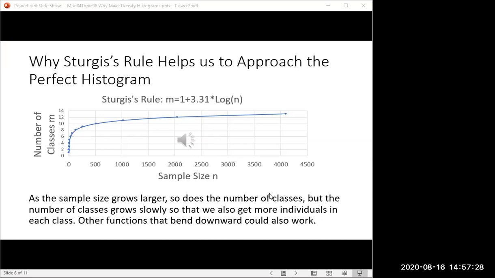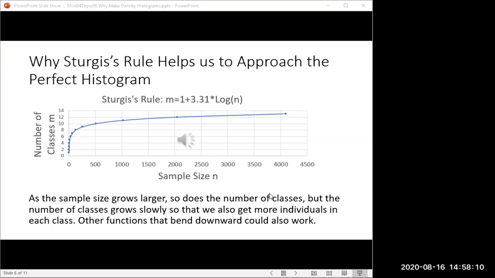So in this graph, you can see if I had a sample size of 500, if I collected data for 500 individuals from a much larger population, then I would use about 10 different classes in my histogram. But if I go on up to 1,000 individuals in my sample, then I would have around 11 classes.